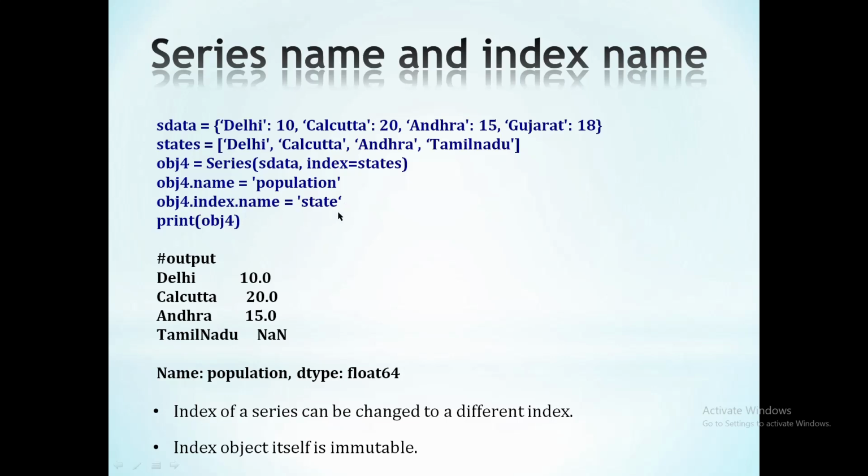That is, state will be referred to as the index and the series name will be referred to as the population. The index of the series can be changed to a different index, and the index object itself is immutable.